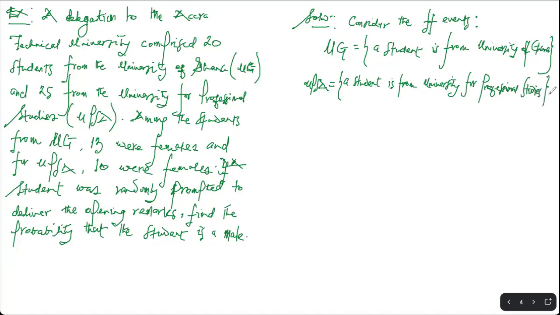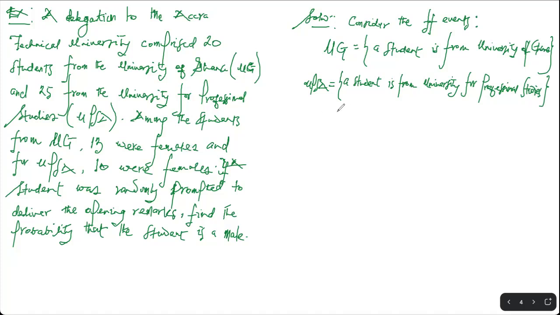Okay, good. Then let me also define another event. And I'm defining all of these based on the cues that the problem is giving us, right? So we're told certain number of students were females in the problem.